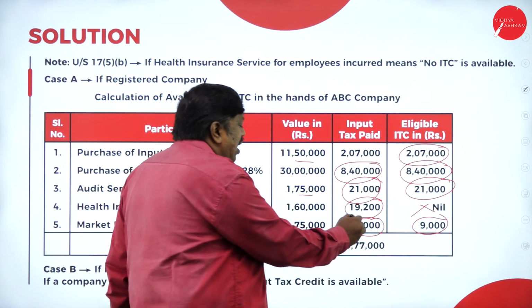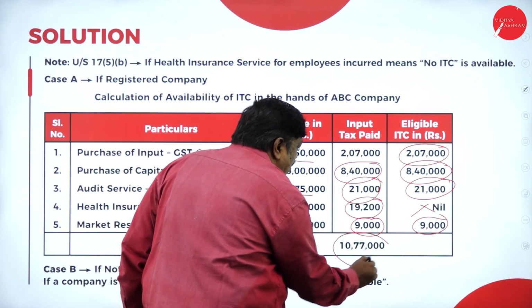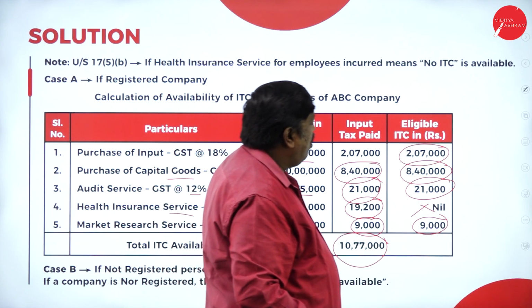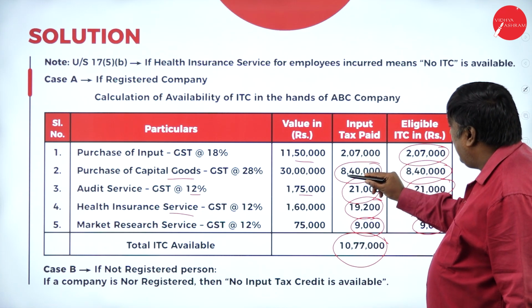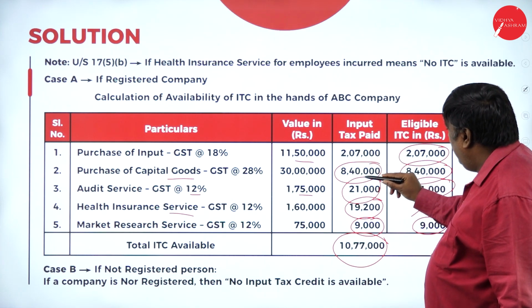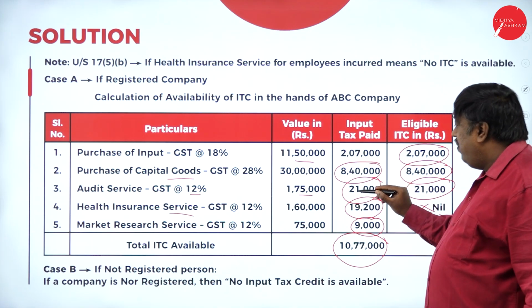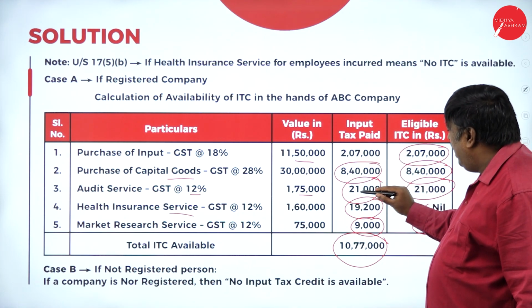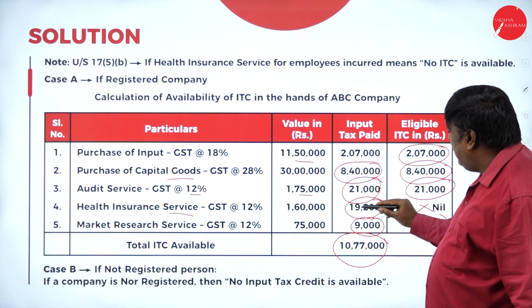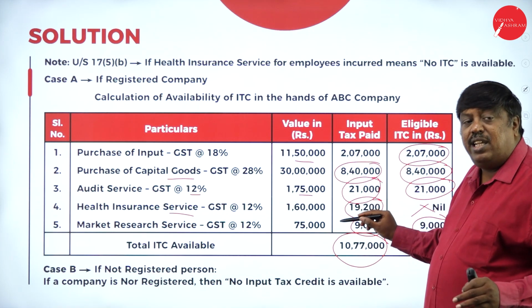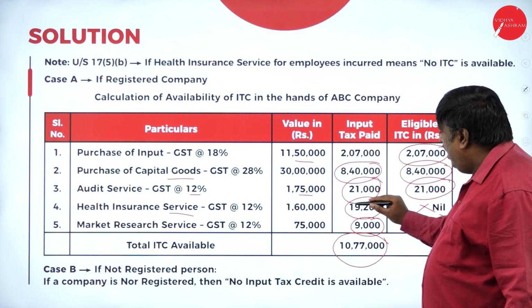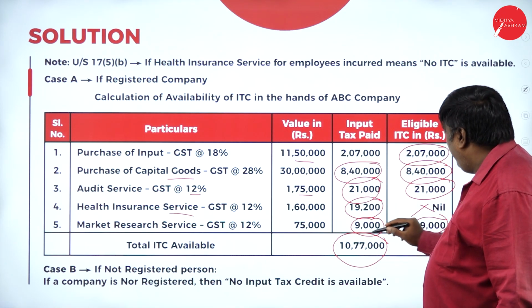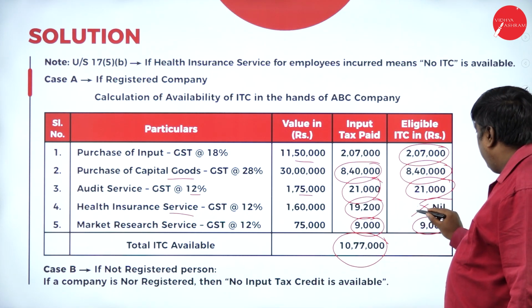So totally 10,95,000 whatever we have here. Out of this, 19,200 is not eligible here.